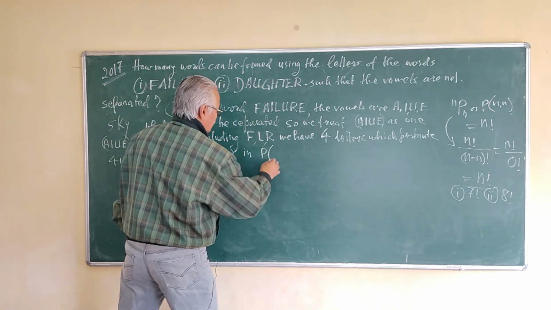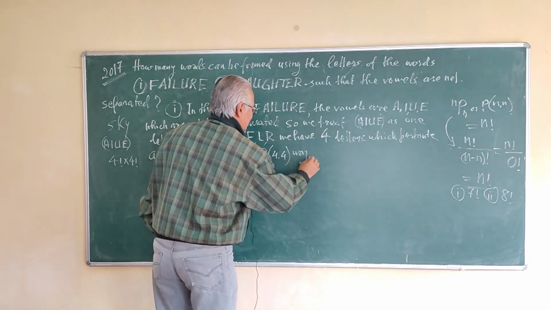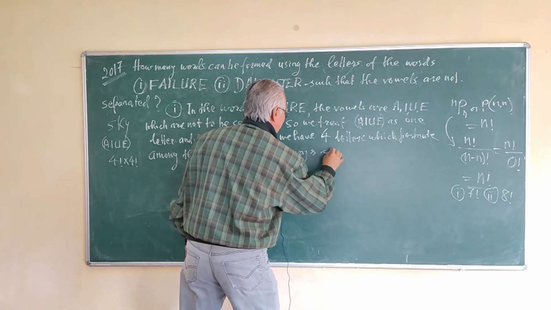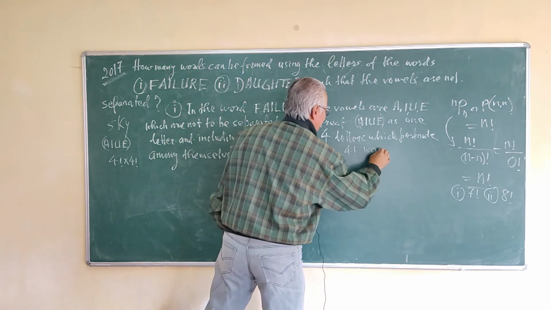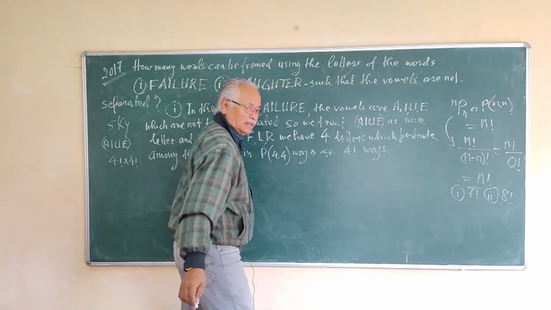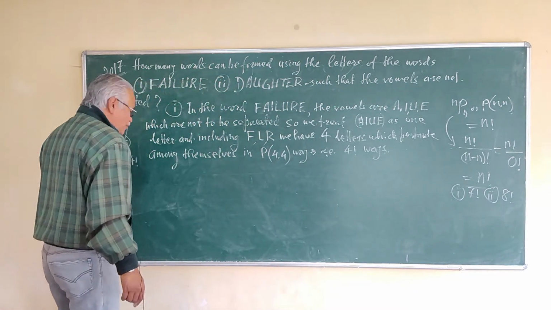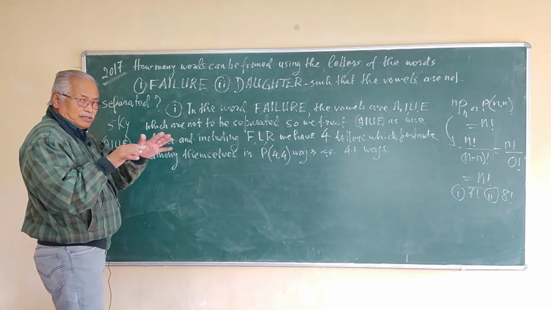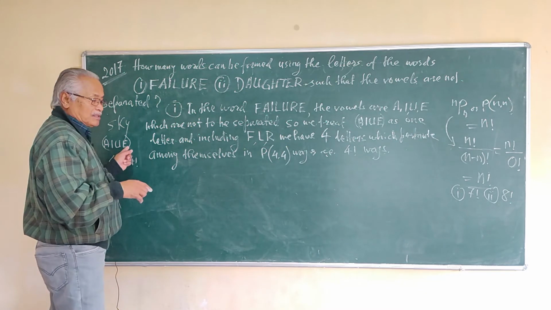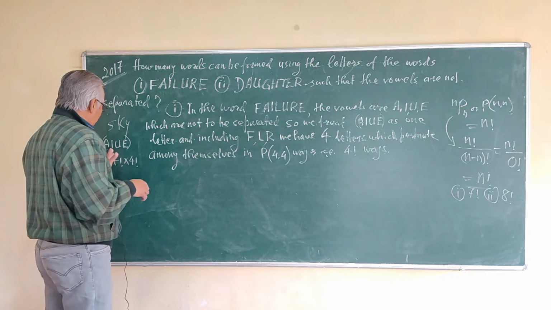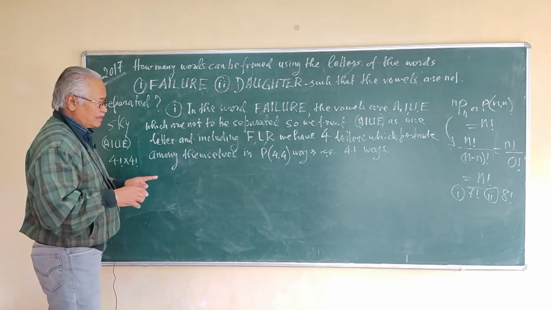P4, 4 ways. That is 4 factorial ways. But there is a big but. What is that? These vowels will also interchange. When they interchange, since there are 4 vowels, they will permute among themselves in the same way, 4 factorial ways.